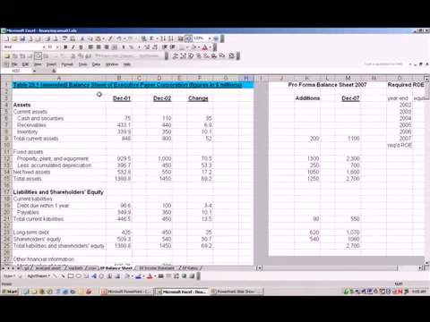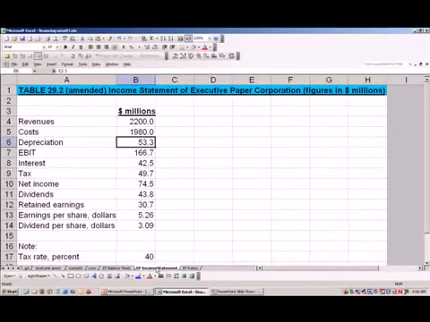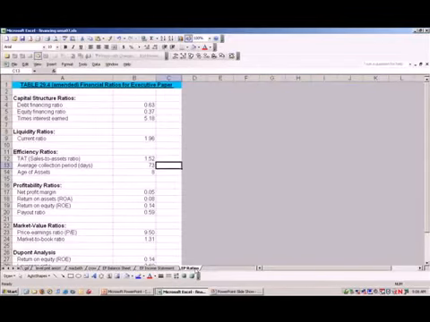On this sheet, we show the summary balance sheet data for the firm. The income statement sheet shows the summary income statement data. And finally, here are the calculated financial ratios for Executive Paper.